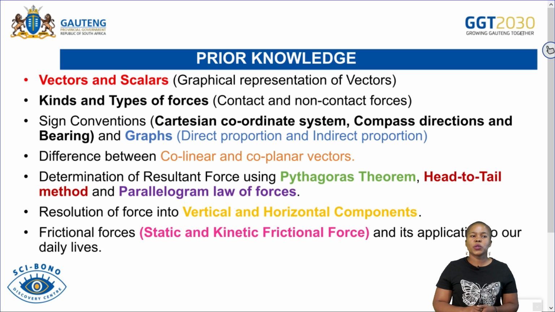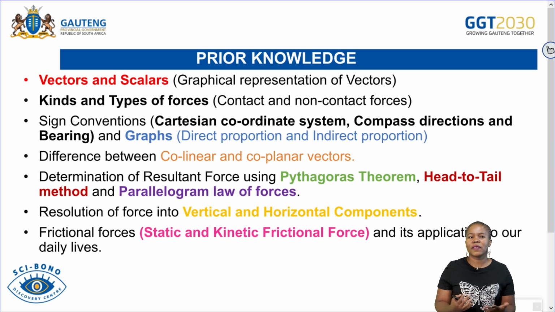And then the difference between collinear and coplanar vectors. We should know the difference between the two by now. What is a collinear vector and what is a coplanar vector? Okay, well, we should be able to point out that this is your collinear vector and this is your coplanar vector.